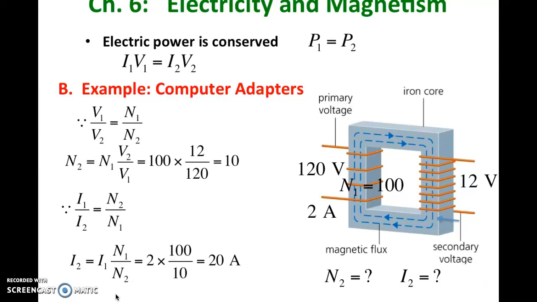From the voltage ratio formula, V1 over V2 equal N1 over N2, we have N2 equal N1 times V2 over V1, equal 100 times 12 divided by 120, equal 10. So N2 equal 10.